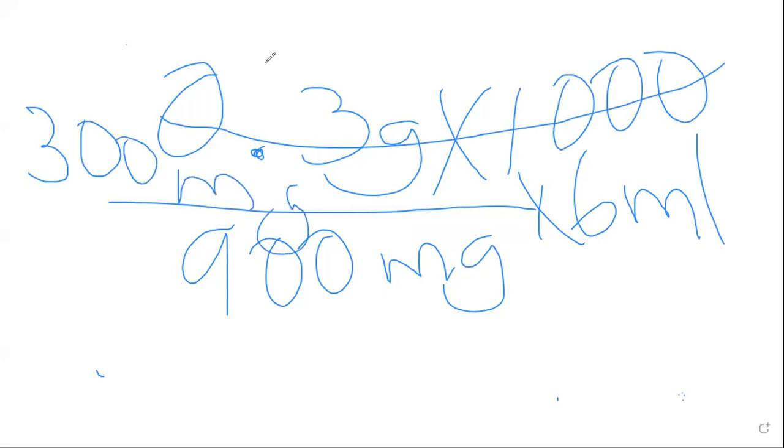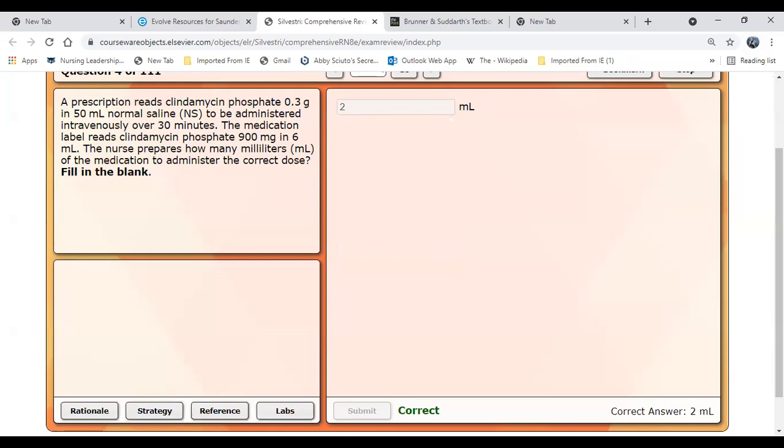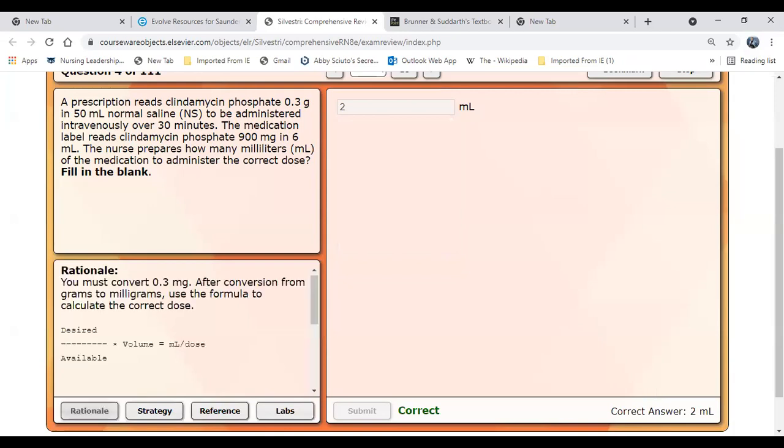So now we have 300 divided by 900 times 6, and what you should have ended up with is 2 mLs. And if that's what you got, you were correct. And here's your rationale.